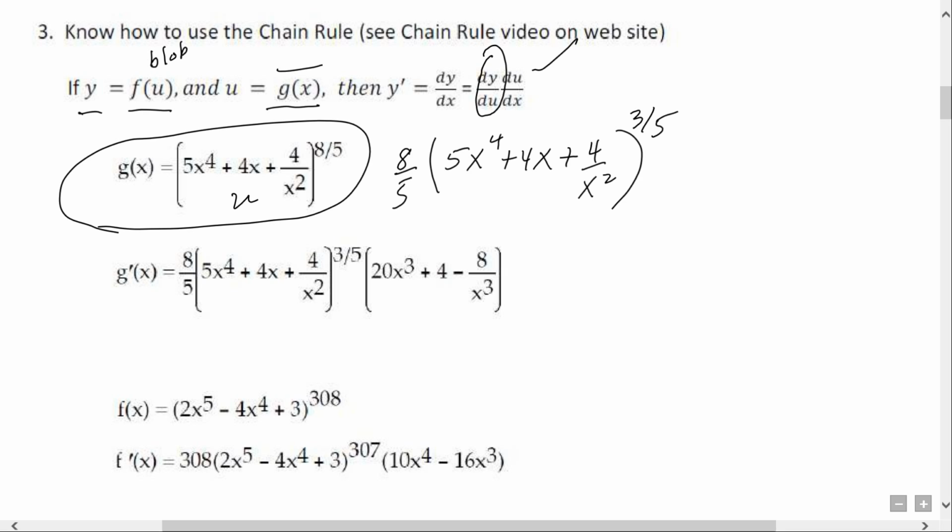But we have to multiply it times the derivative of the blob. Now, to do that, I would write the blob, or u, as 5x to the fourth plus 4x plus 4x to the minus 2.